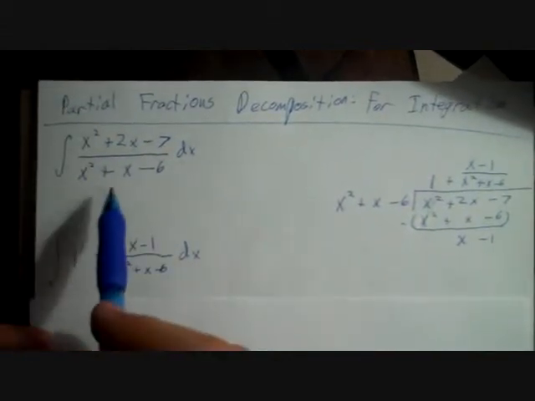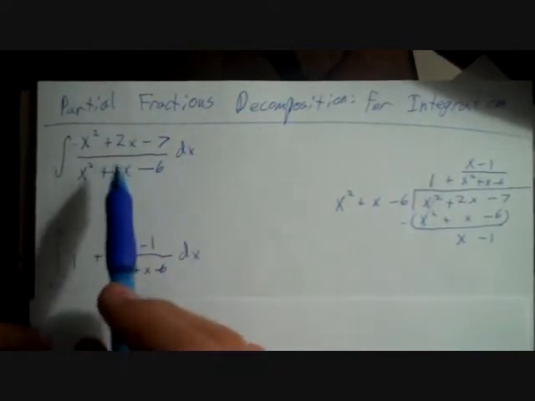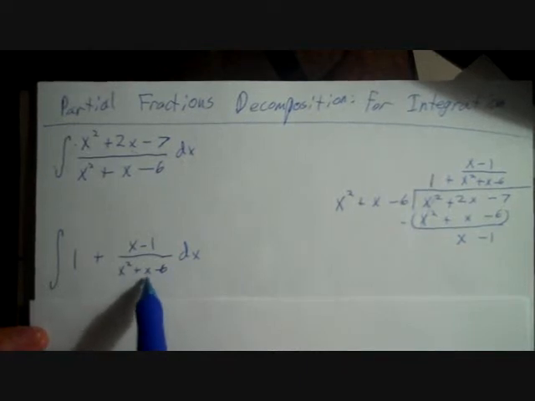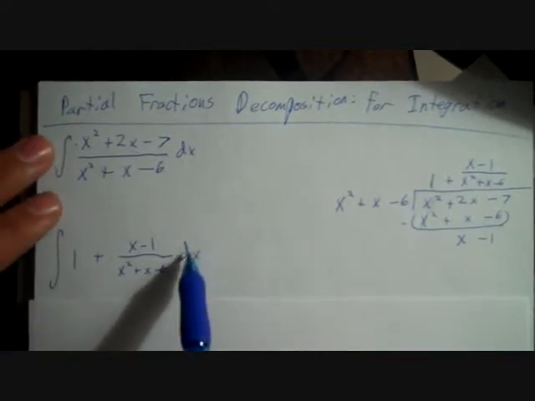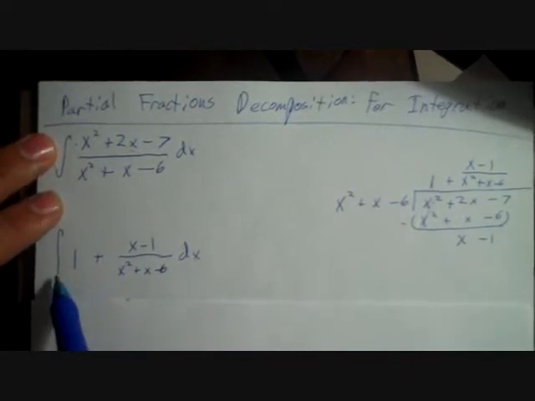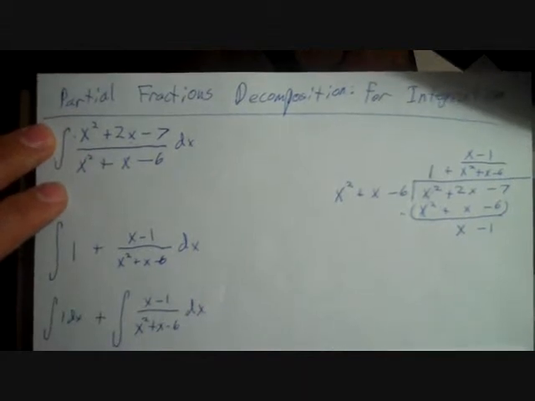So we can make this a little easier. The integral of this integrand is the same as the integral of 1 plus x minus 1 over x squared plus x minus 6, all with respect to x. There is a sum and difference rule for antidifferentiation, so we can break that up.